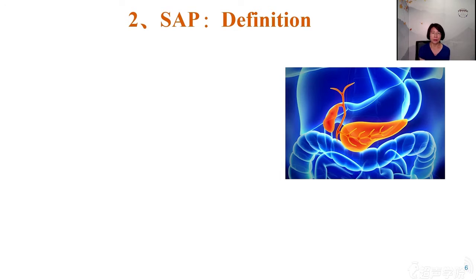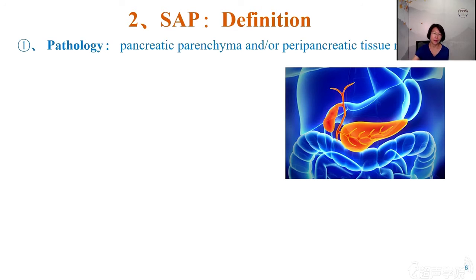The second, what is SAP? There are several criteria. The pathology criteria: there is necrosis in pancreas and/or peripancreatic tissue.